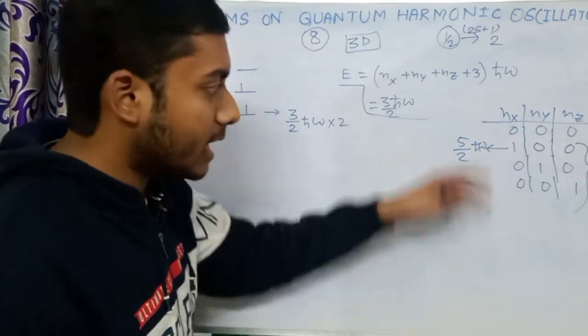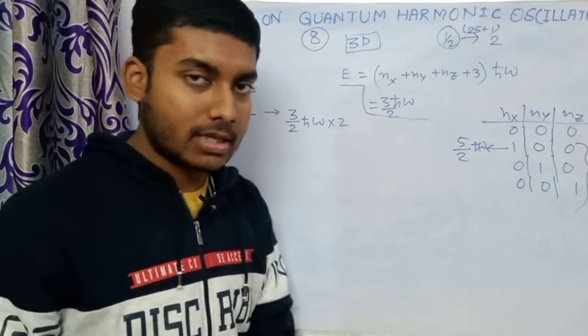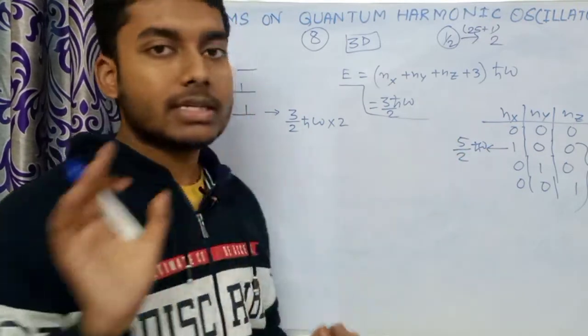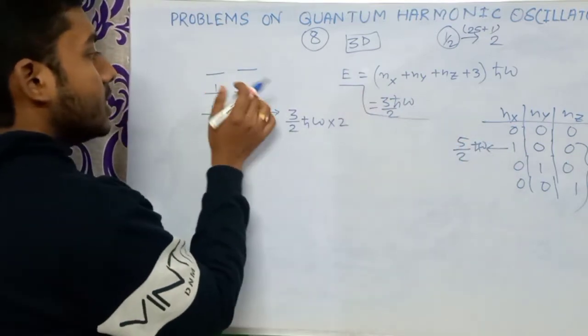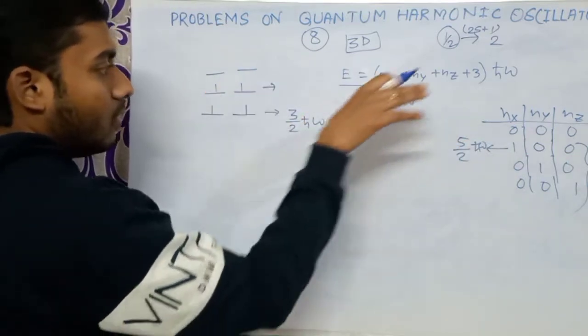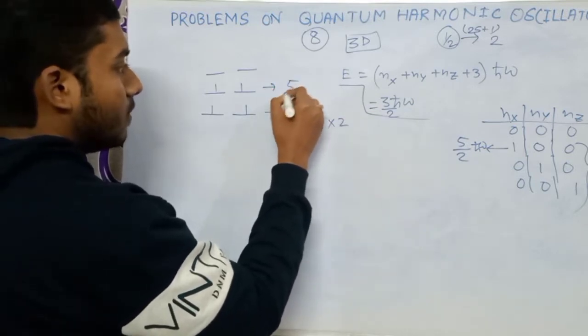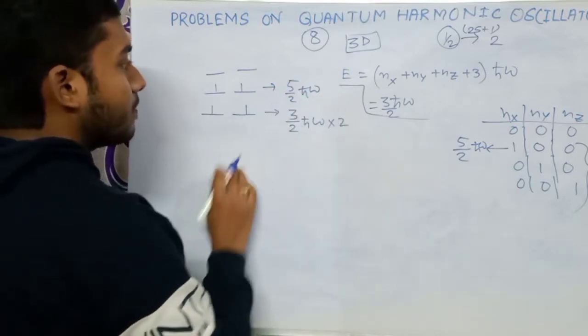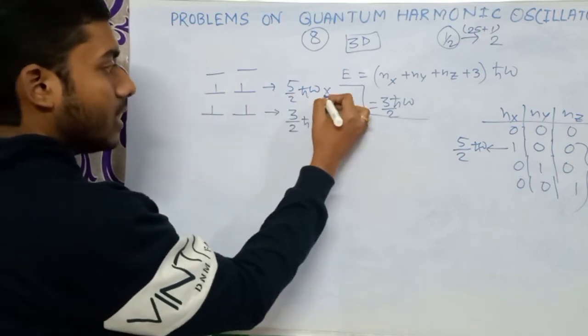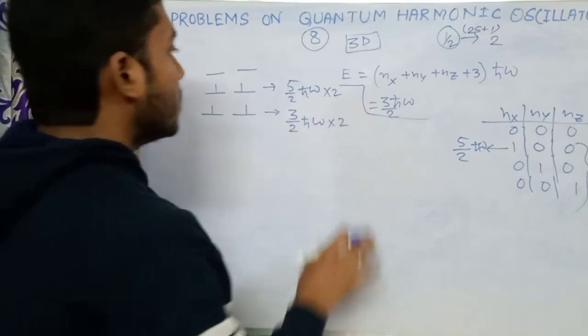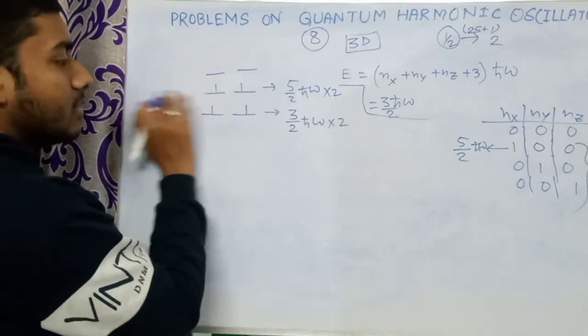Degenerate states, as the energy of these three states is same. So in our first excited state, whose energy is 5/2 h cut omega, and the state is doubly degenerate, so it will be multiplied with 2 for the total energy of this state, right?